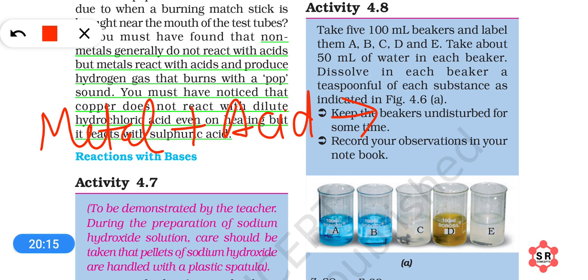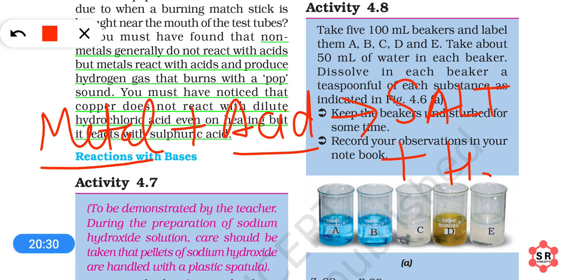Got it? But whenever a metal reacts with acid at any temperature, it makes a salt plus it releases hydrogen gas. So we can say that metals react with acid to produce hydrogen gas.